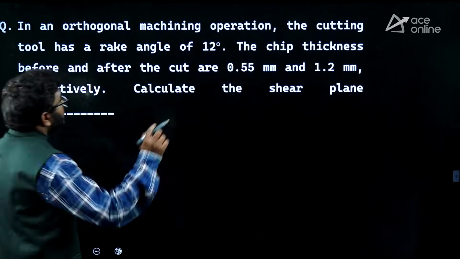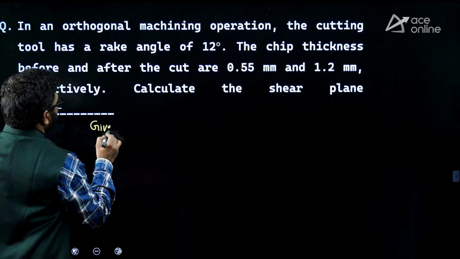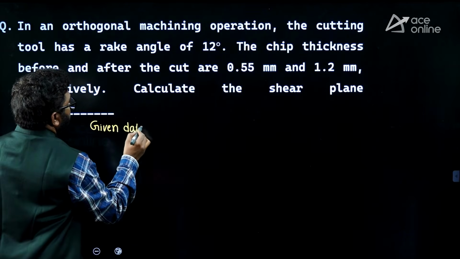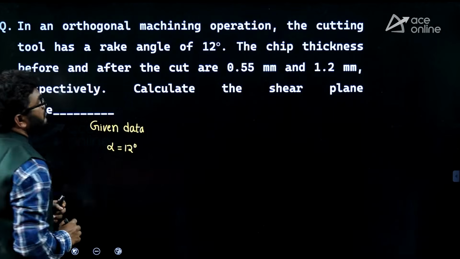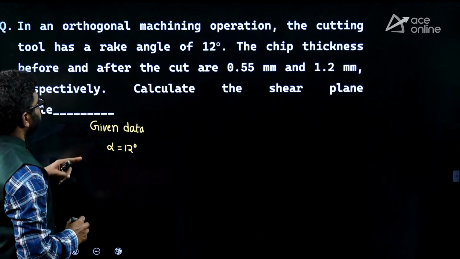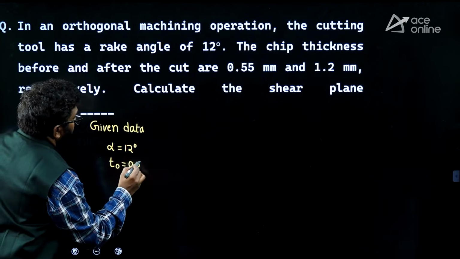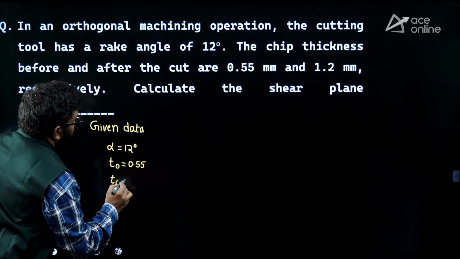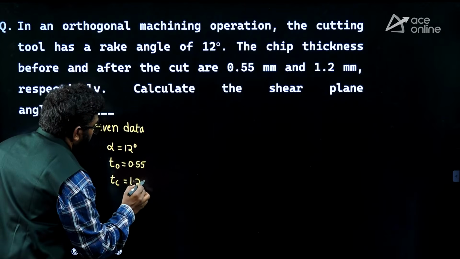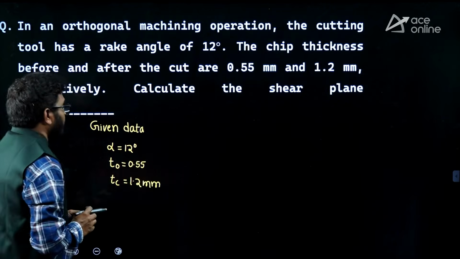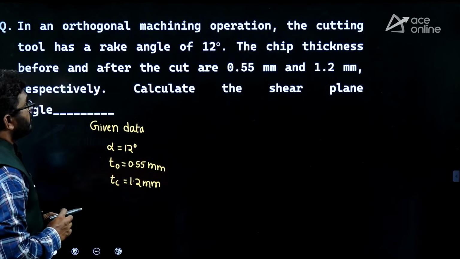Now, what is the given data here? Rake angle alpha is 12 degrees. Chip thickness before the cut, T0, I'll take 0.55 mm. Chip thickness after cut 1.2 mm.